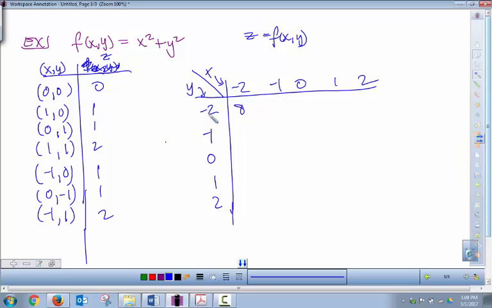X is -1, y is -2, so -1 squared plus -2 squared, what is that, 5? When x is 0, y is -2, we put that into here, we're going to get 4. Does that look okay? All right, and you guys can fill in the rest of the table.